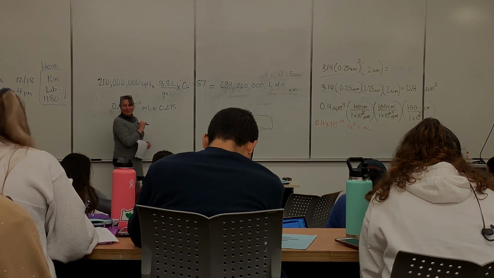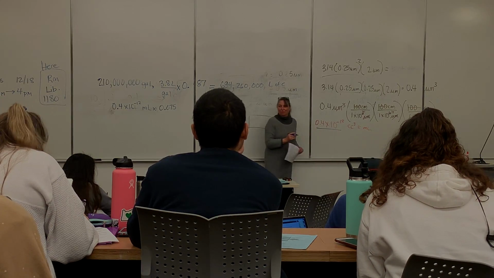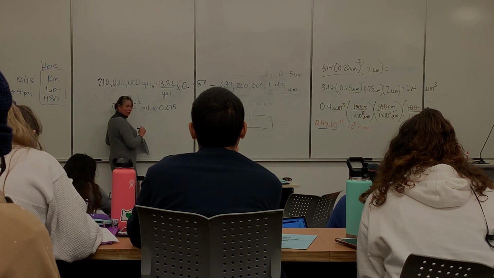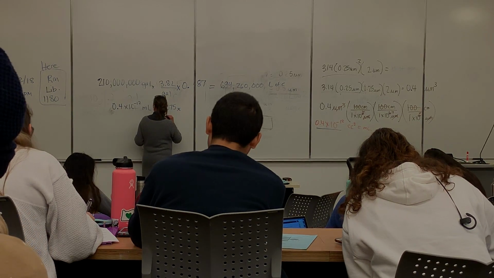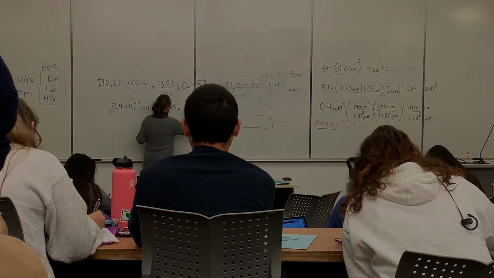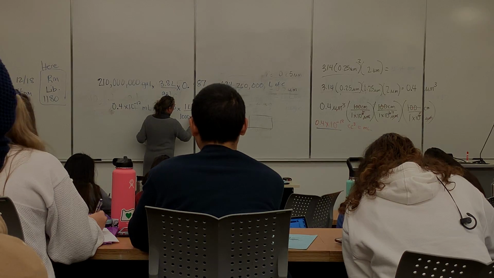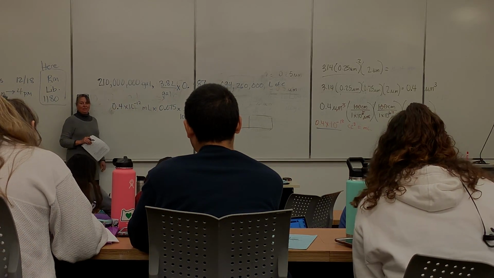I think it's 0.4 times 10 to the negative 12 mils. We should convert because we have liters there, so we could convert this to liters. We could say that 1 liter is 1,000 milliliters. It's going to move this over to negative 15 basically.